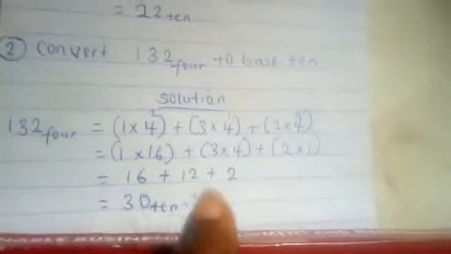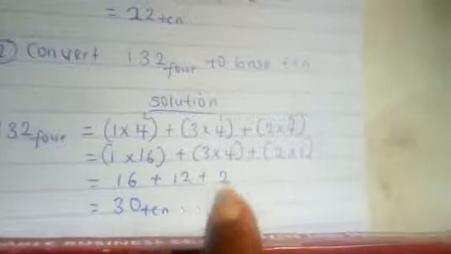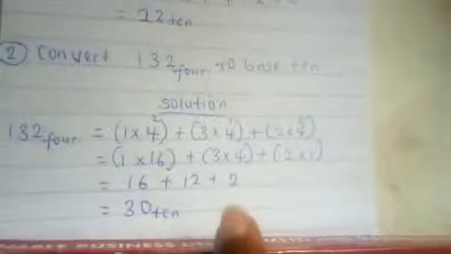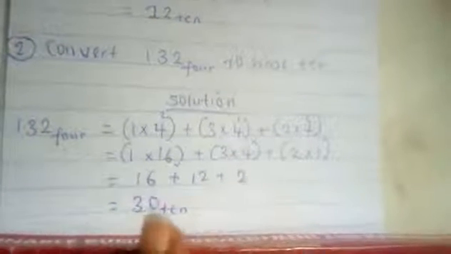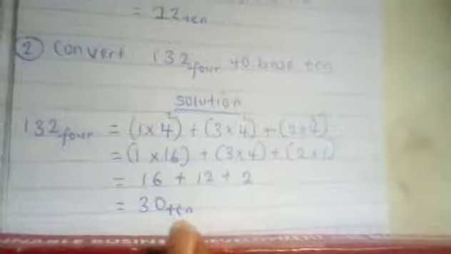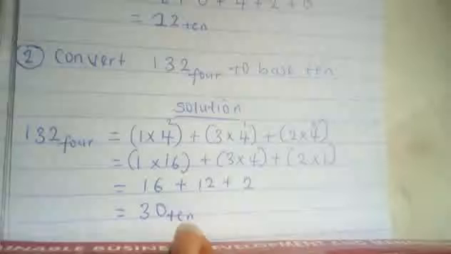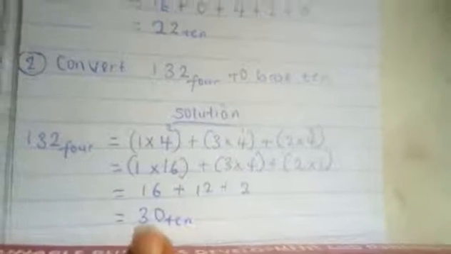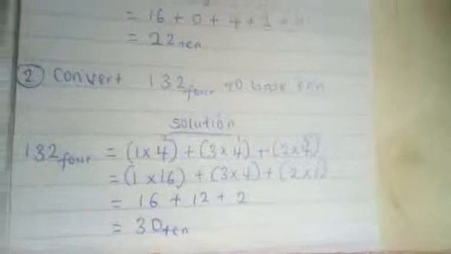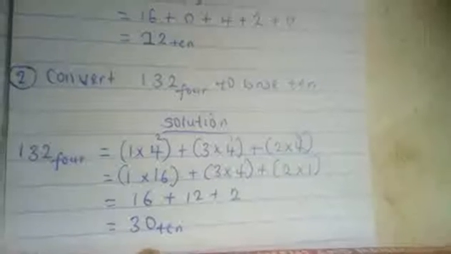Now 1 times 16 is 16, plus 3 times 4 is 12, plus 2 times 1 is 2. Then add it together: 16 plus 12 plus 2. We have 30 base 10, because in base 10 you only see from 9 down to 0. Hope this is clear. So you see, maths is very, very simple.